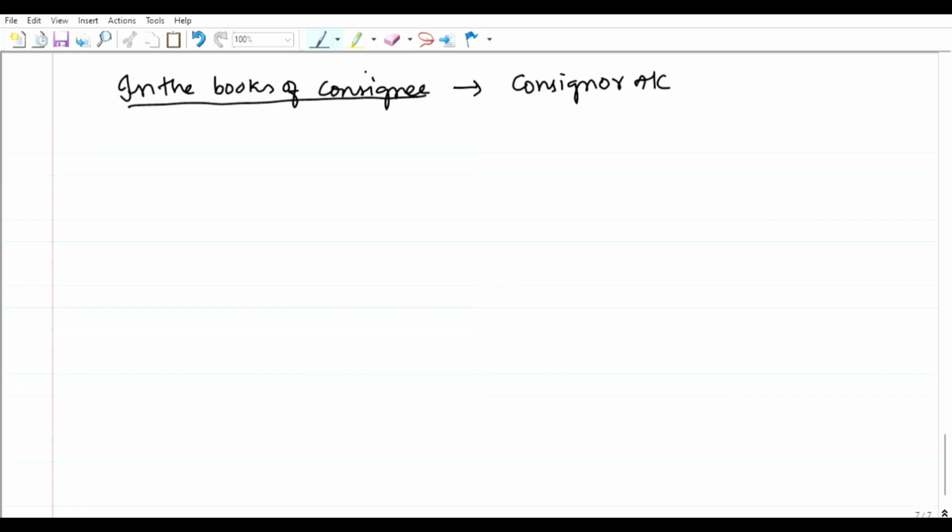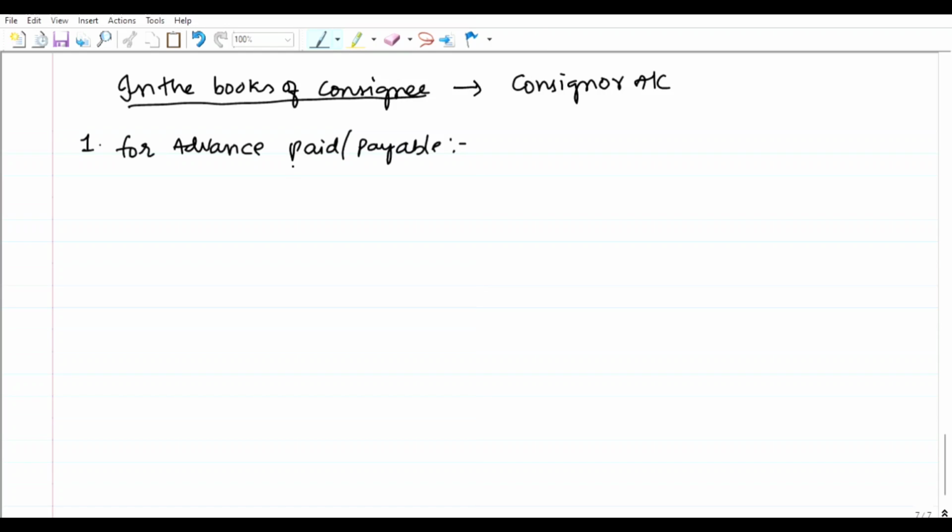To start the business with the consignee, the consignor asks for an advance, right? So for advance paid or payable, the consignee will write the entry making the consignor a debtor, because the advance is received by the consignor.